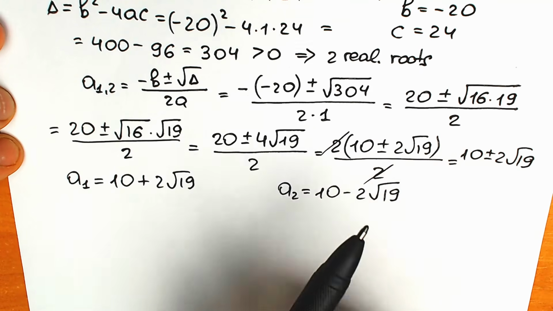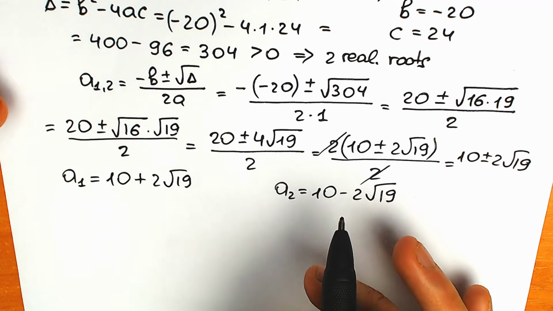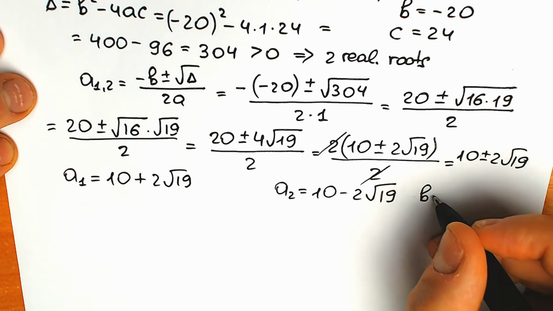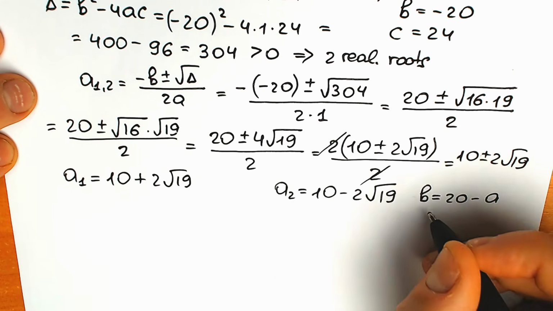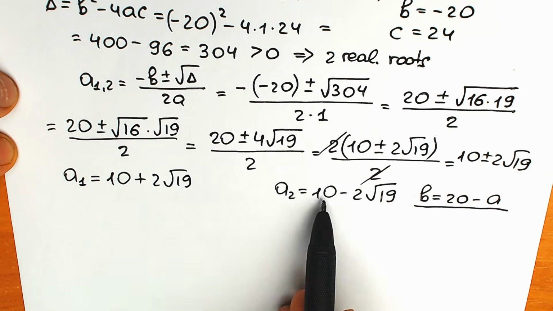And one really interesting moment, this is not our solution to this question, because basically we need to solve it for a and b, and from the beginning b equals 20 minus a. Don't forget about it. And right now we need to solve it for b first and for b second.